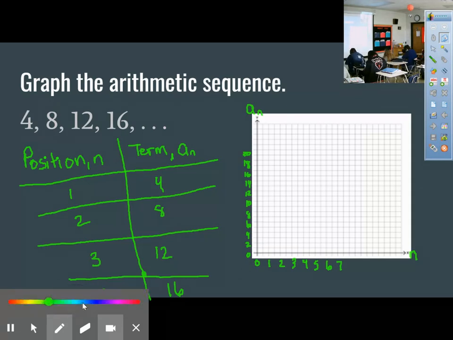All right, once you do that, now all you need to do is plot your points. So your first point is (1, 4), so go to the right up to the 1 and then go up to 4.